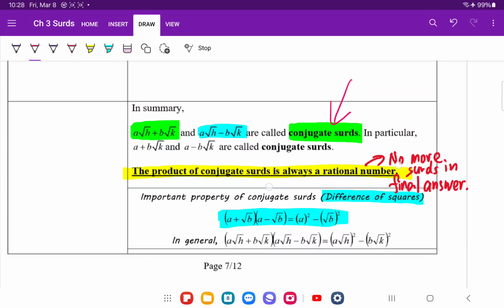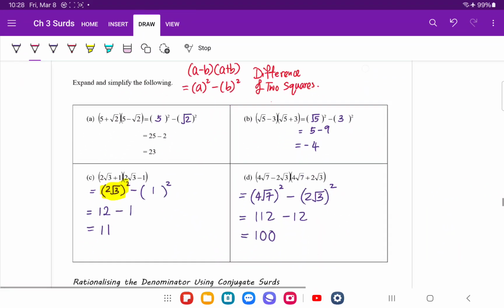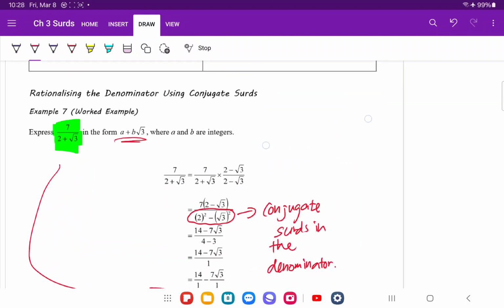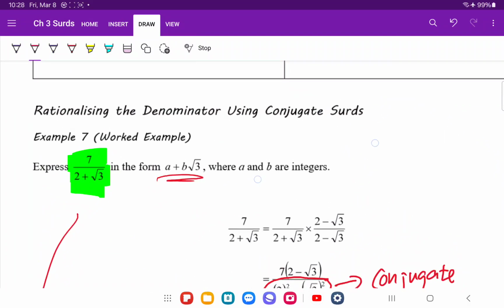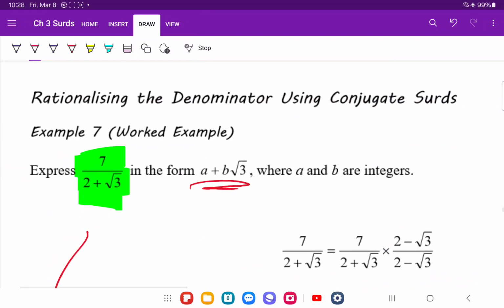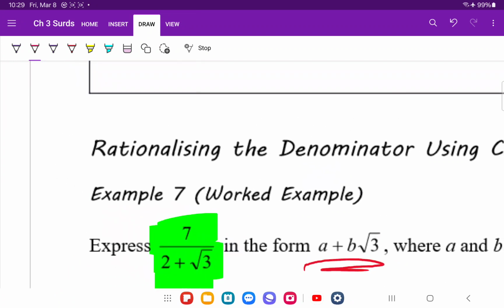Alright, let's carry on. So, the homework that I gave to you was to read this question. And actually, this is the most important thing you must learn by the time you step out of the class today. Now, this concept called rationalizing the denominator. It sounds very fanciful, but let's break down the word.